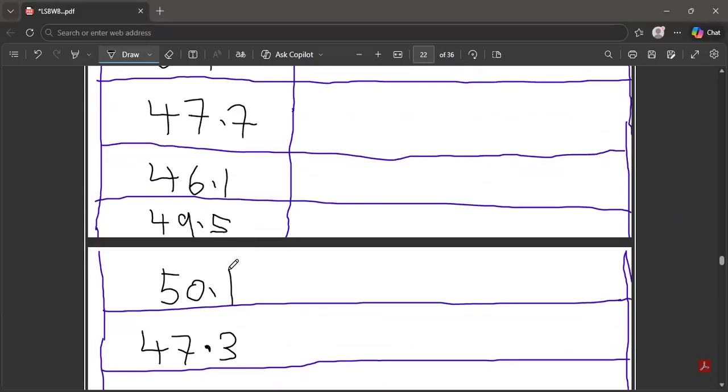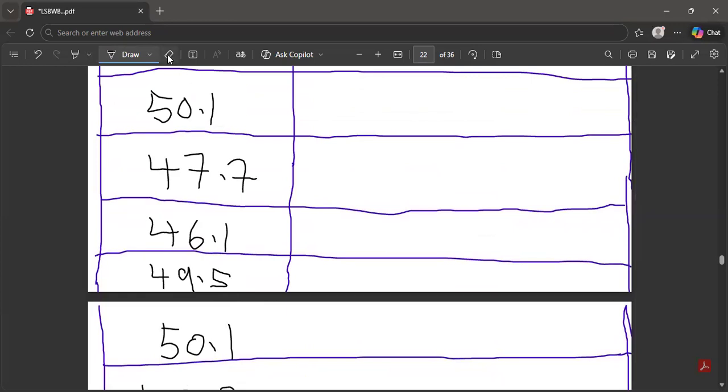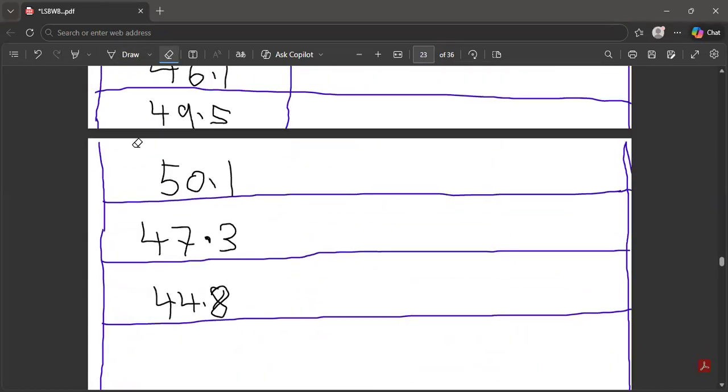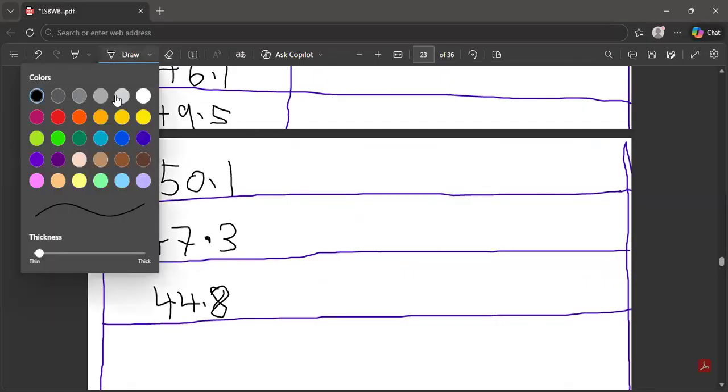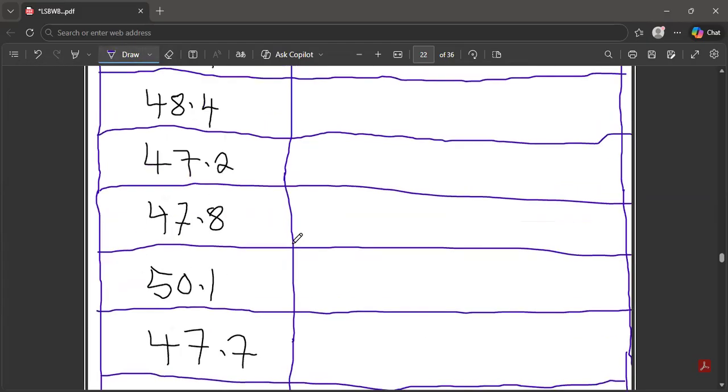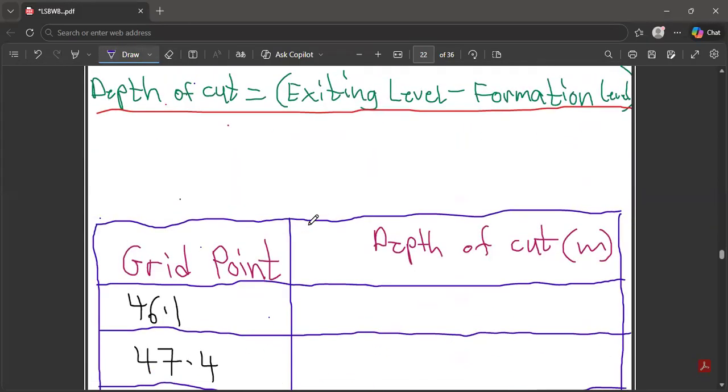Okay. So that is it. We have to just come and fill in the other column. The formula is already at the top. You're just going to pick the existing level minus the formation level, and then life becomes much more easy.